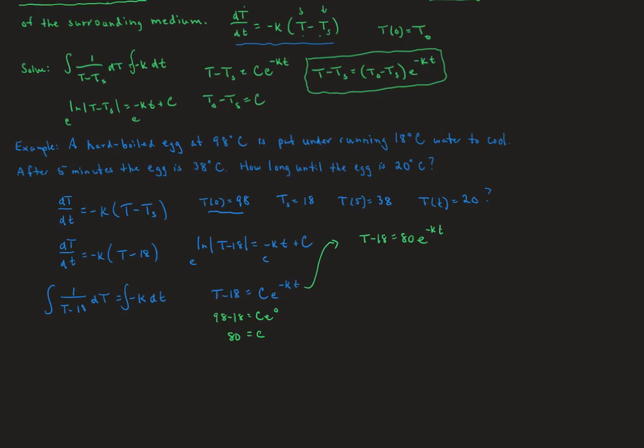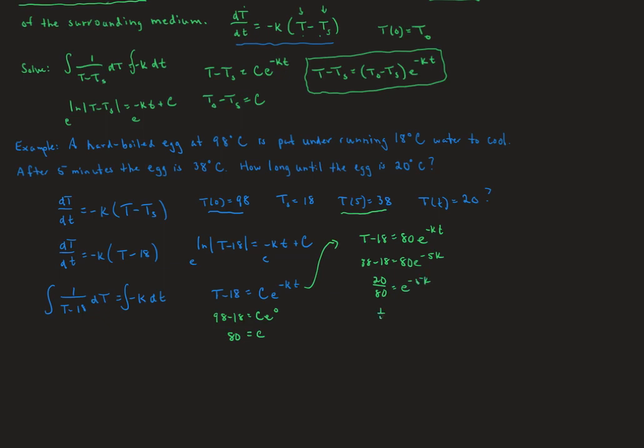Now we're going to use our second initial condition and try to find out what that k is. So we're going to plug in 38 minus the 18 is 80 e to the negative 5k. So 38 minus 18 is 20. We'll divide the 80 to the other side in preparation for solving for k.